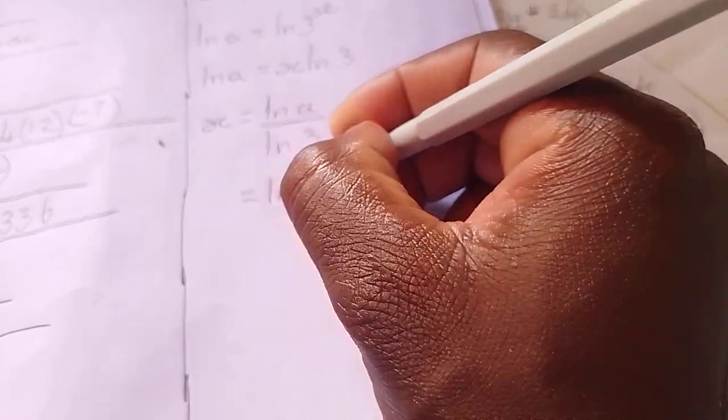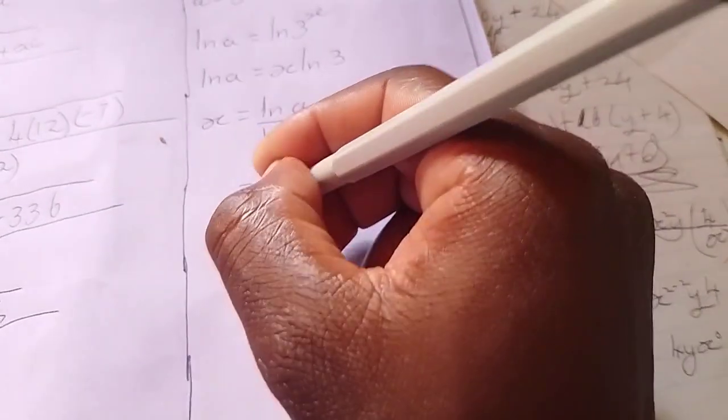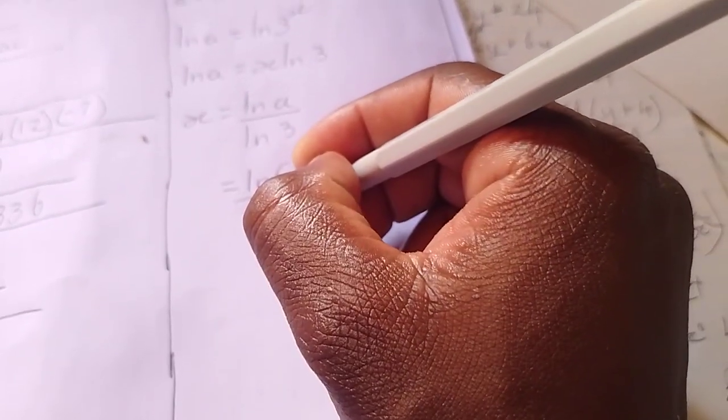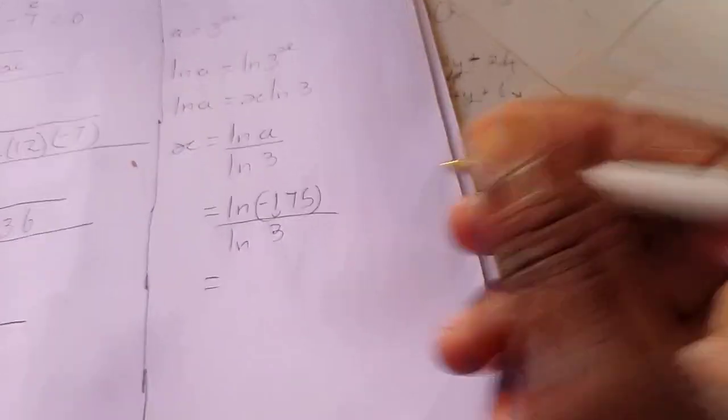Which is now, what is our first a? That's ln of minus 1.75 divided by ln 3, which, when we punch it on the calculator, is an error.